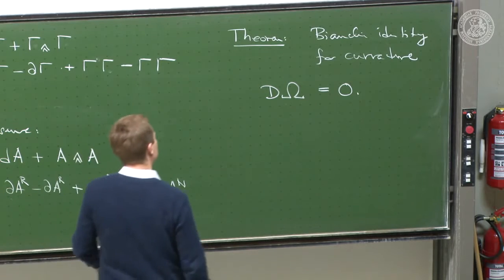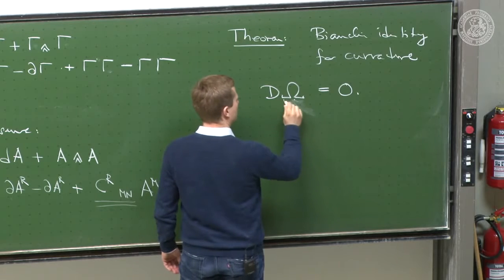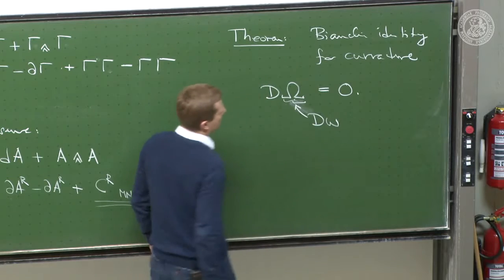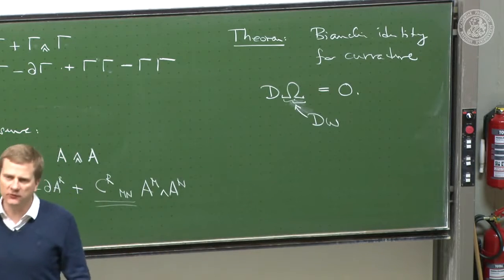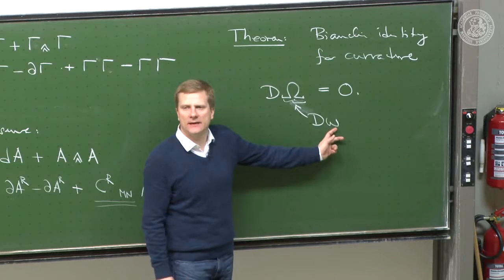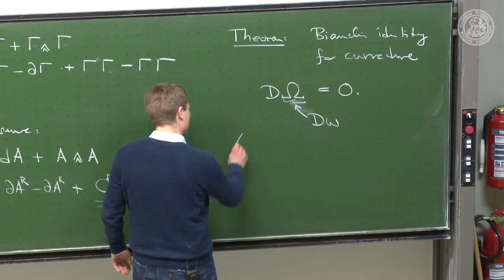However, I should issue a warning. First of all, I remind you that omega itself is the covariant exterior derivative of the connection 1 form. So you say, oh, it's d squared on omega, of course it's 0. Well, that is not the case. So that's the warning sign.